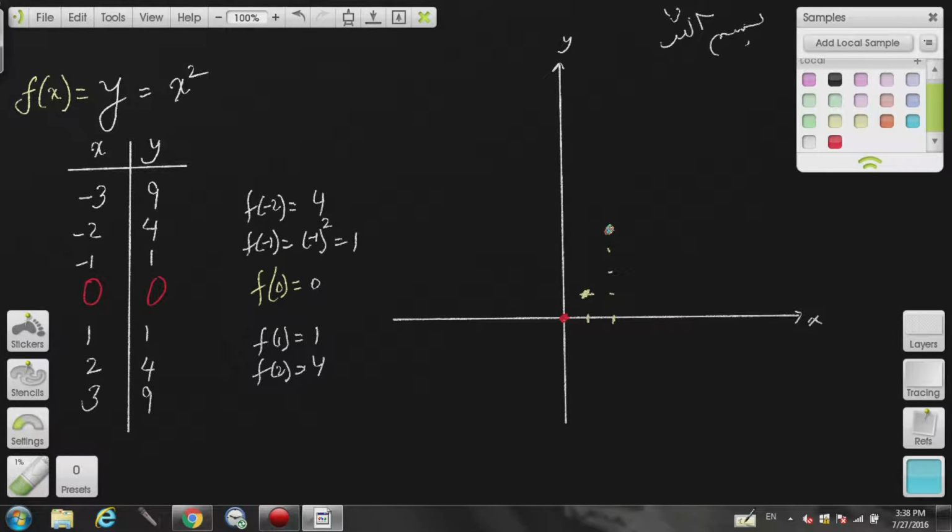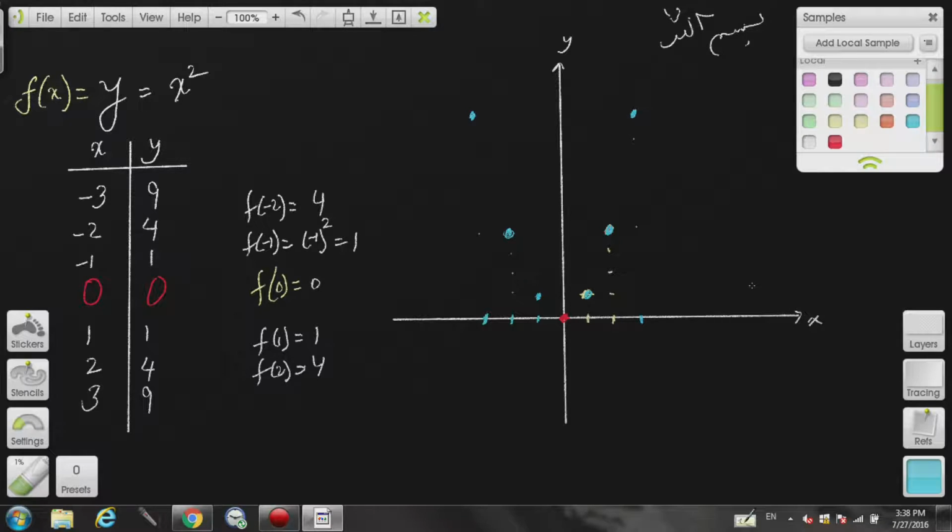When x is 3, it is 9. It's 4, it's 8, it's about 9. Close enough. When x is negative 1, it is 1. When x is negative 2, it's 4. When x is negative 3, it is, like over here, 9.